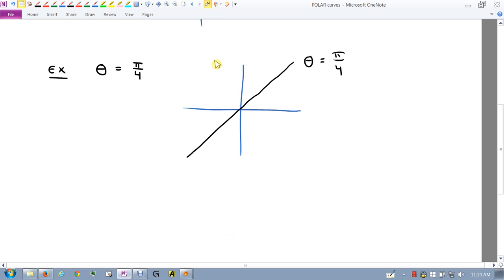All right, next example. Now one that's a little more interesting. r equals 2 cosine theta. Let's try and figure out what this draws. And maybe we can do it with a t-table.